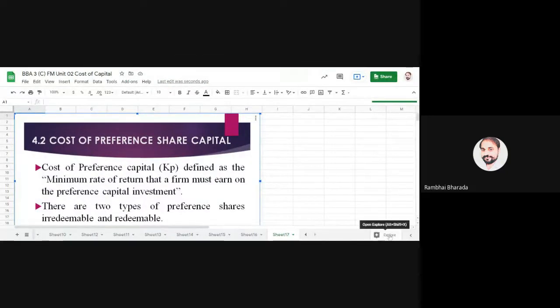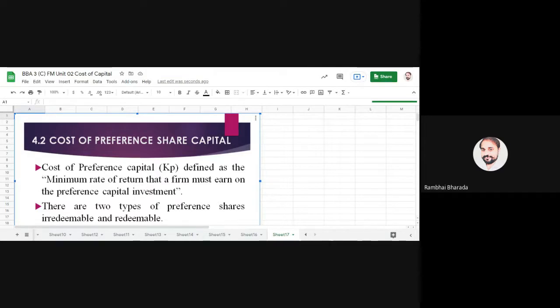Now, can you tell me how many types of preference shares are there? One is convertible, number two is non-convertible. How many types? I want a number. Yes, Prisa, very right. You deserve one chocolate.